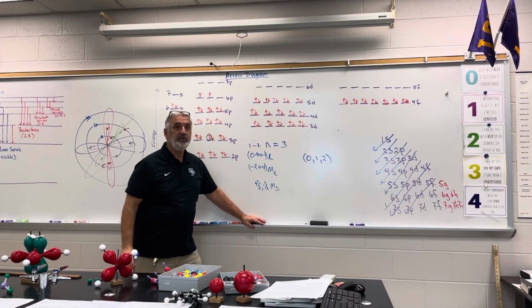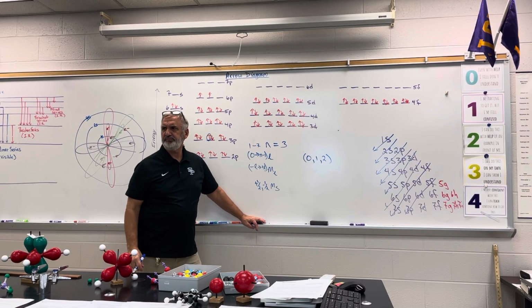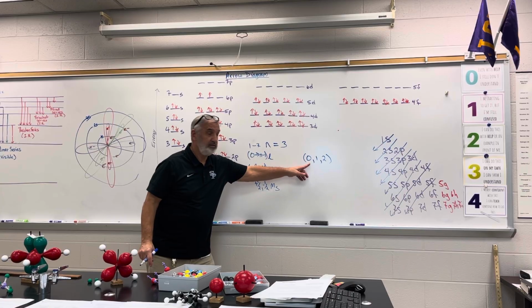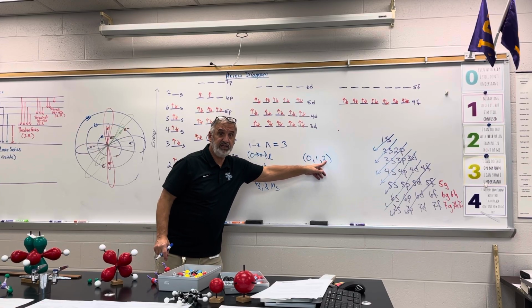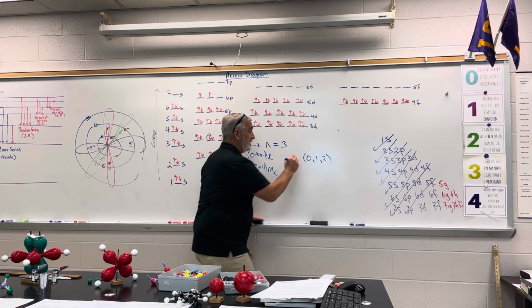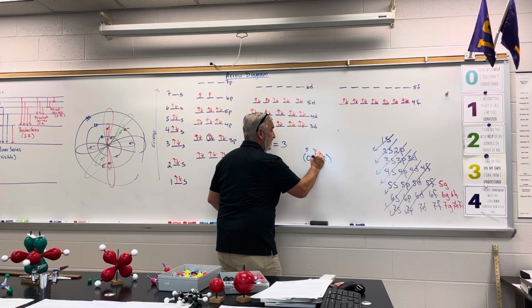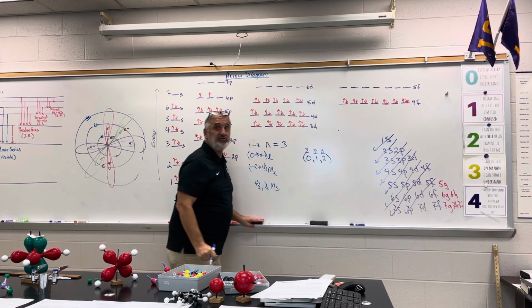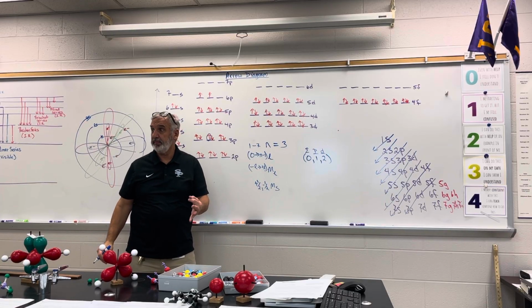What does that mean? On the 3rd energy level, how many sublevels do I have? 3. S, P, and D. This corresponds to the S, P, and D. So you're only allowed 3.